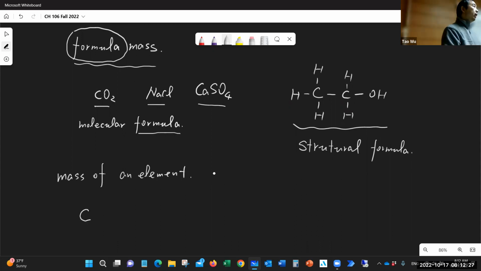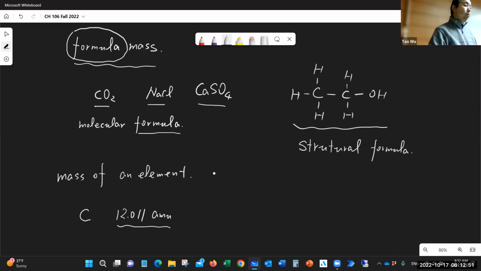If you want to find the mass for carbon, just look at the periodic table. Underneath the carbon, it shows 12.011 AMU, and that's just the mass for the carbon atom.